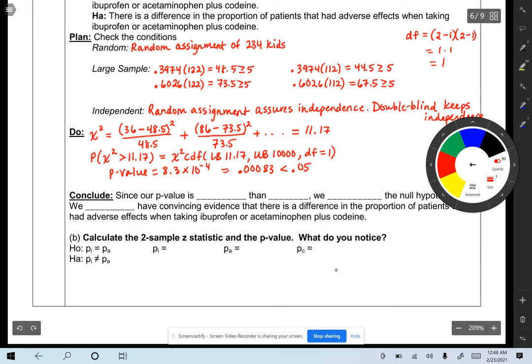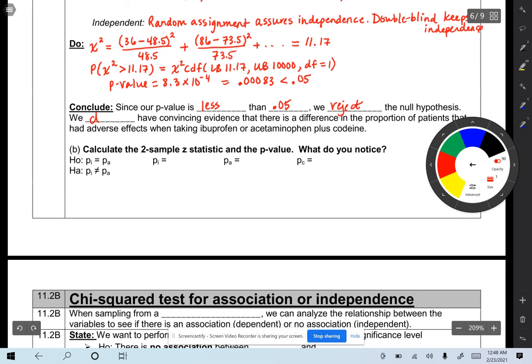So since our p-value is less than 0.05, we reject the null hypothesis. We do have convincing evidence that there is a difference in the proportion of patients that had adverse effects when taking ibuprofen or acetaminophen plus codeine. I'm not going to ask you to do a follow-up, but we would analyze the components and see which contributed the most, but we're not going to do that.